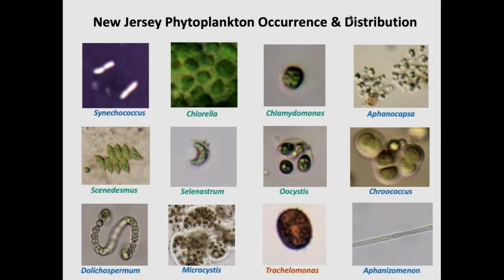This slide includes the 12 most frequently seen and widely distributed phytoplankton genera that we found in New Jersey. Cyanobacteria Synechococcus is the most frequently found, followed by the green algae Chlorella. Among the 12 most commonly found genera, 6 are Cyanobacteria, and they are highlighted in blue on this slide.